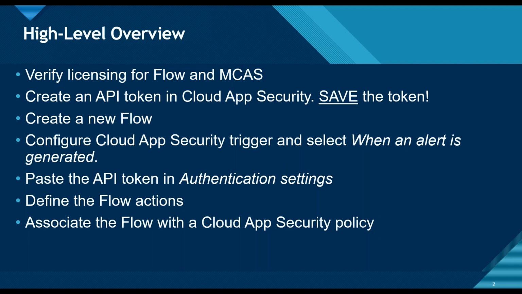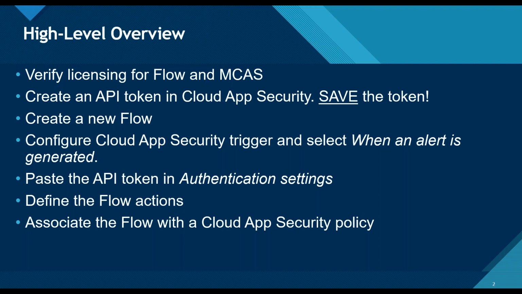Again, I'm going to be showing you what this all looks like, but just so you have this stuff documented. You'll also be prompted under authentication settings for that API token. That's why we saved it previously. So you'll want to have the value of that token available to paste into that section.